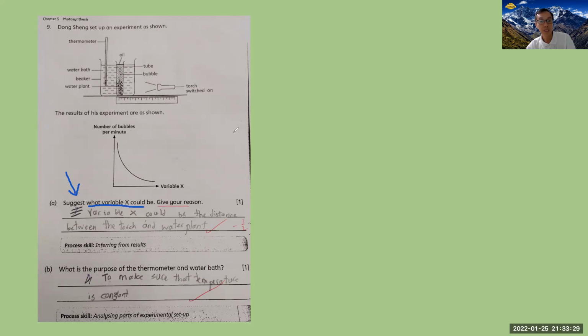From my observation, quite a number of students do not know how to interpret or present the answers for such an inverse relationship graph. That means as variable X increases, the number of bubbles decreases.